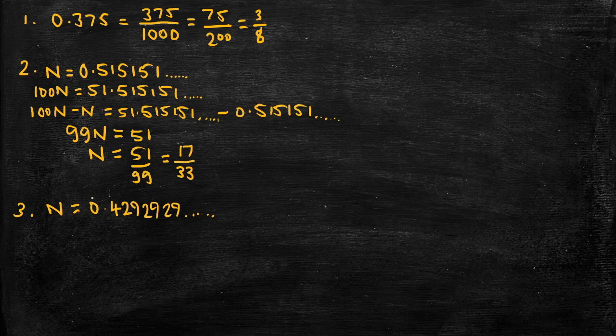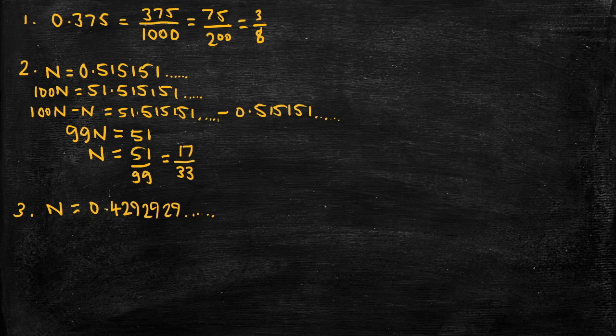Okay, so if I was to apply what I just applied for number 2, it's not quite going to work, because if I move the decimal point 2 places, I'll have 42.929292 and so on. But I'm not going to be able to get rid of all those repeating decimals because I've got this 4 in here. So I need to be a little bit smarter here.